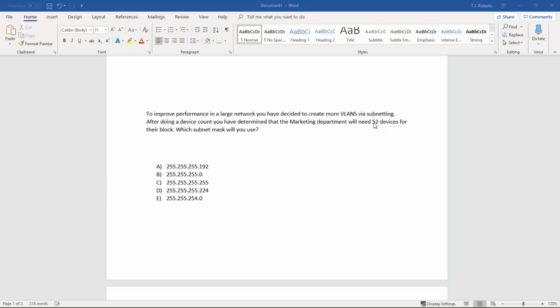For this particular question, what we want to do is we're planning for efficiency here. And I probably should have put it in the question, but this is something that you're going to see on the exam. If you see a question like this, you always want to make sure that you pick the most efficient one, which is going to leave the least amount of extra addresses.